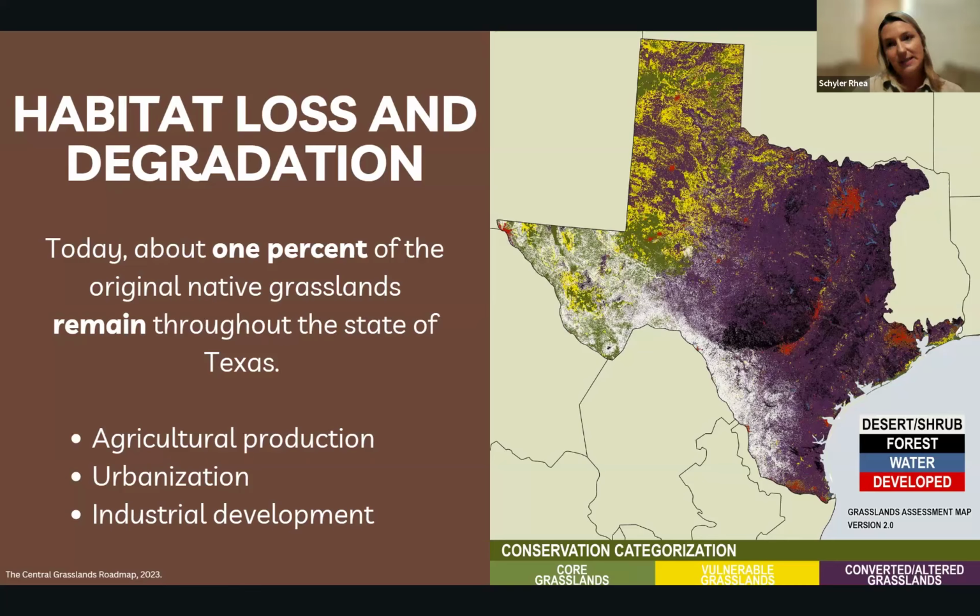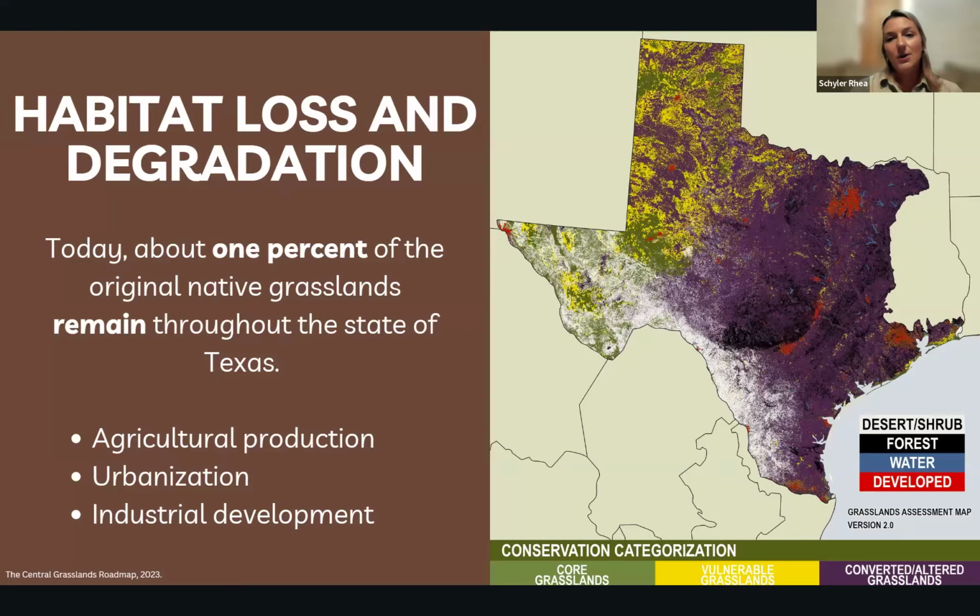And as you can see on this map, all of the purple areas, that was all significantly grasslands before, if you remember the map that we just looked at. And all of that has now been converted or altered. There are some remnant grasslands that remain throughout Texas.